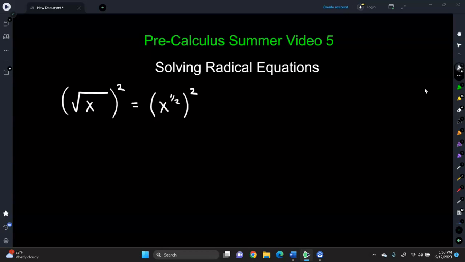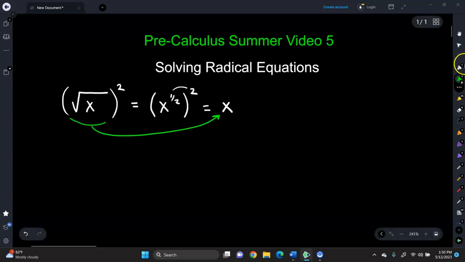But what do we do when we have exponents that are outside the parenthesis? We multiply them. So this becomes x. So simply put, if I square a square root, it just gets rid of the square root.